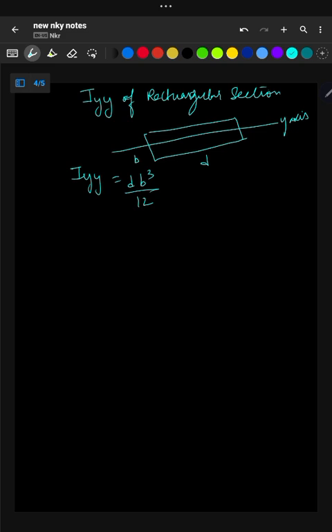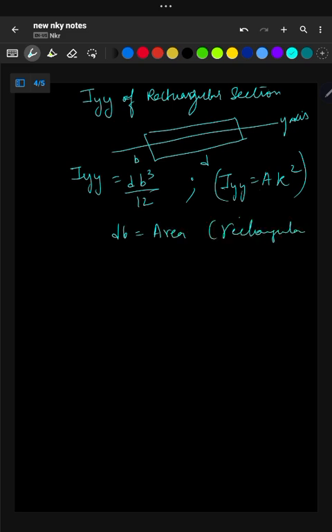If we compare with Iyy equals A k square, dB equals the area as it is a rectangular section, and k square equals B square by 12.